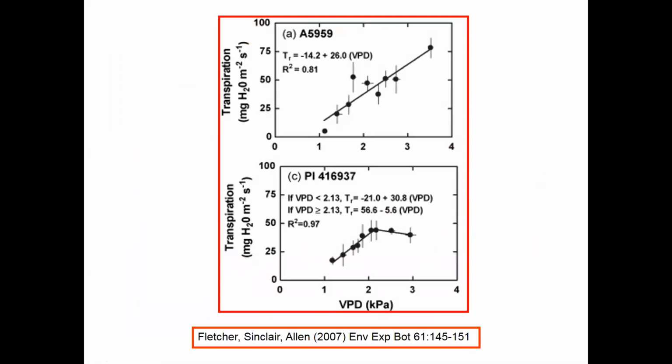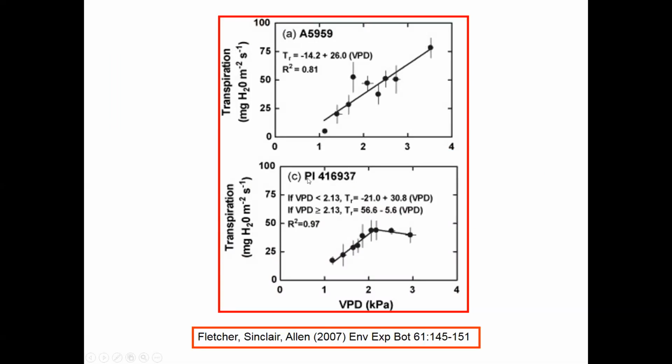This is some research out of Tom Sinclair's lab from 2007, where he's looking at transpiration in soybean AG5959 versus vapor pressure deficit here on the x-axis. What we see is a linear response of transpiration to increasing vapor pressure deficit, which is what we would expect.